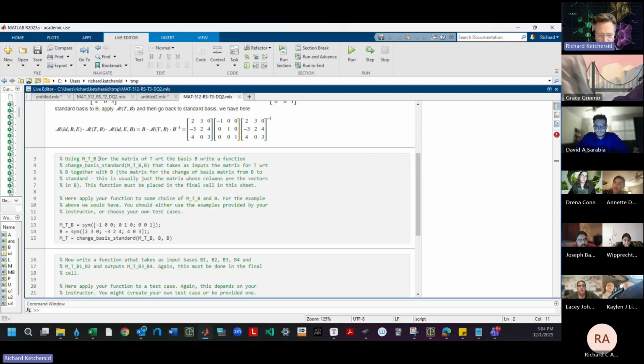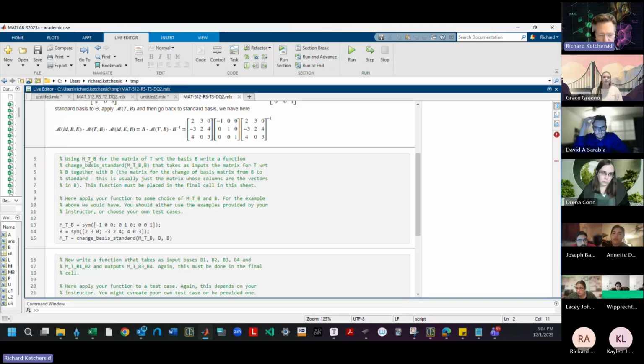This M underscore T underscore B, right? And I want to write a function that's going to change basis. Write a function change basis standard that will take this matrix MTB together with B as its input. So you're going to give it the matrix and the basis as the inputs.